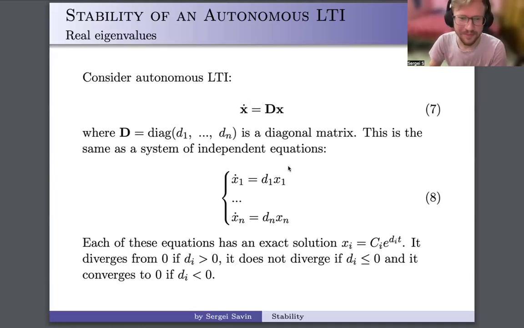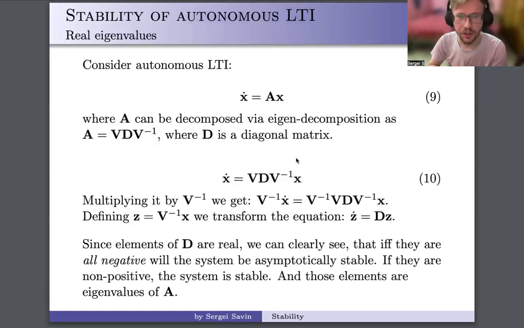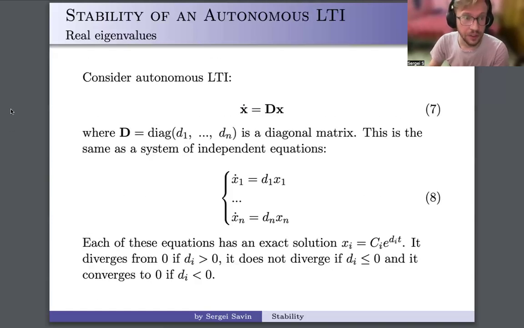Now, this basically gives us a discussion of stability. So this equation and its 0 solution, so x equal to 0 is a solution, is stable if and only if all the coefficients on the diagonal, all d, are either negative or 0.